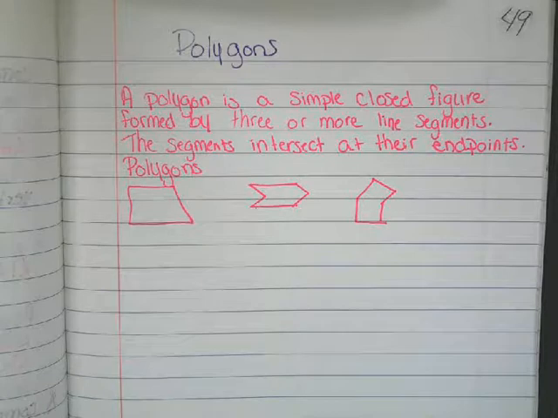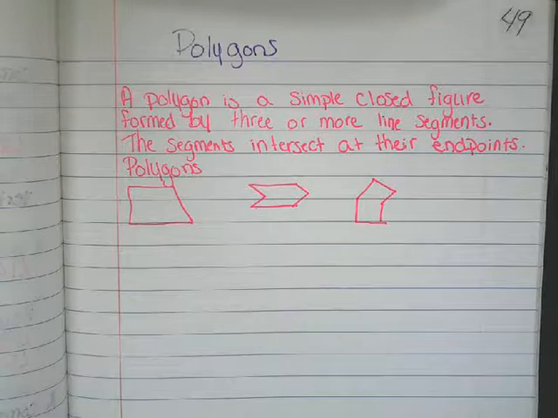So on your assignment today, you will have to tell whether it's a polygon or not a polygon, and then you will also have to classify it. So looking at this first one, I'm already telling you it's a polygon. Why is it a polygon? What are the two requirements for it to be a polygon? Three or more line segments.